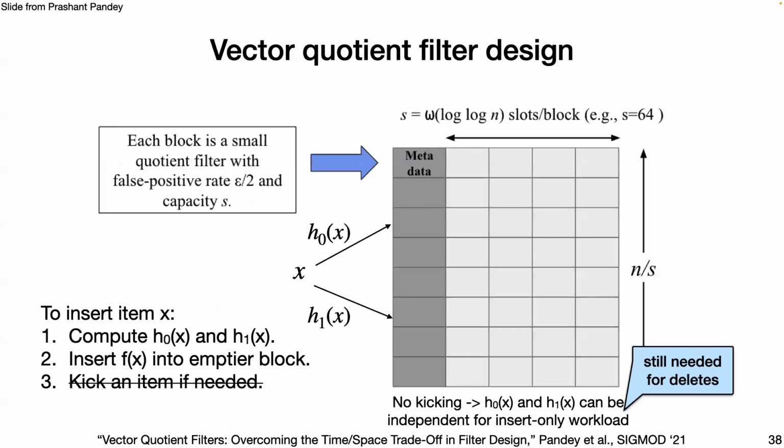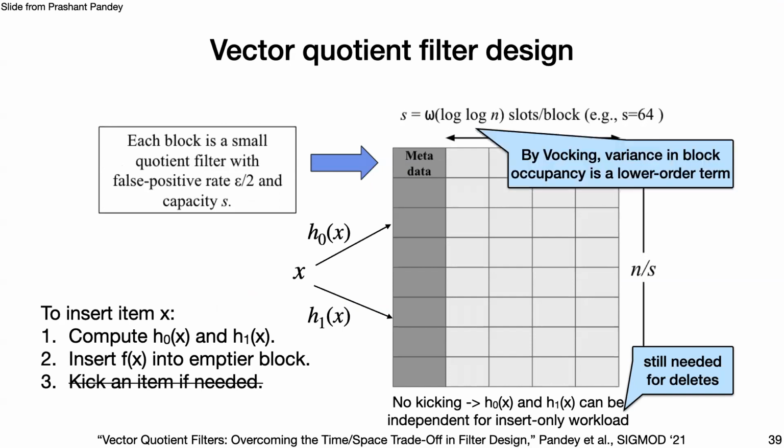And those two hash functions can now be independent for insert only. In the paper they prove this, though it doesn't work straightforwardly for deletes, I think, but for inserts, it just works. Also, there's an older result, I think from Berenbrink, from around 2000, that proved the variance in the block occupancy is a low order term as well.